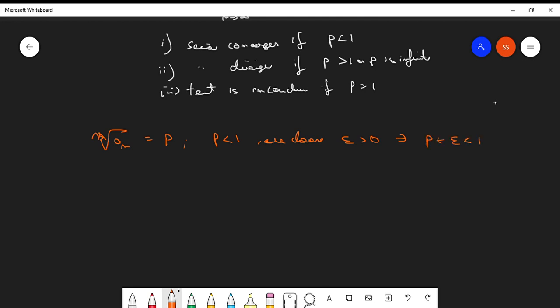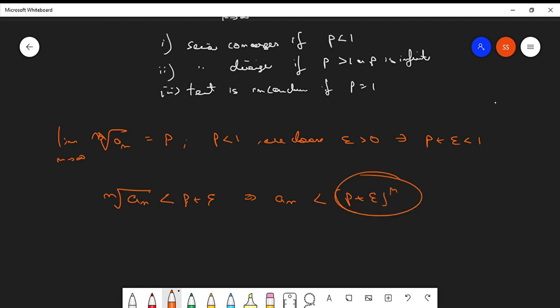Since this happens as n tends to infinity, we can say that the nth root of a_n is less than p plus epsilon, belonging to the neighborhood of p, and from here we can say that a_n is less than (p plus epsilon) to the power n.